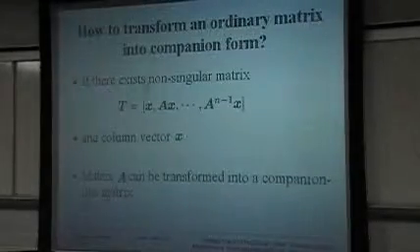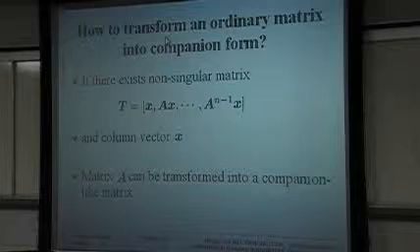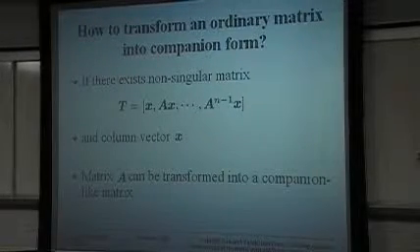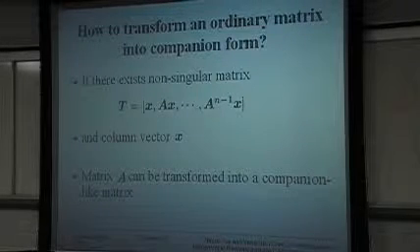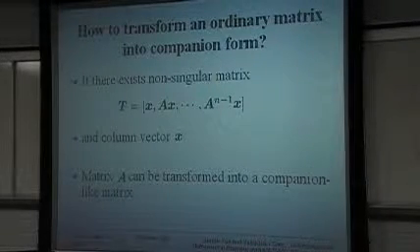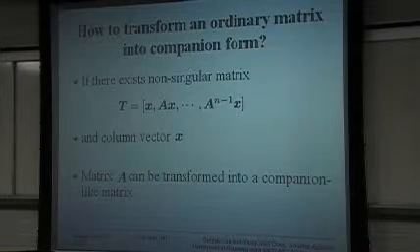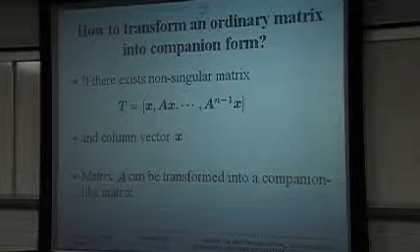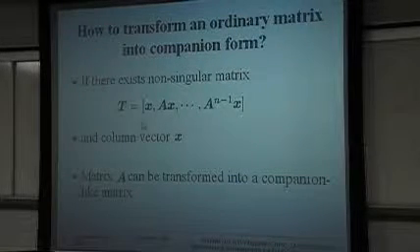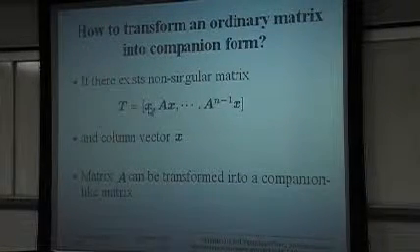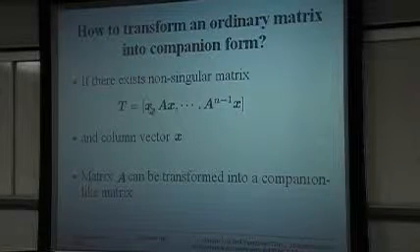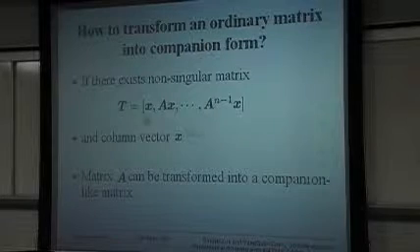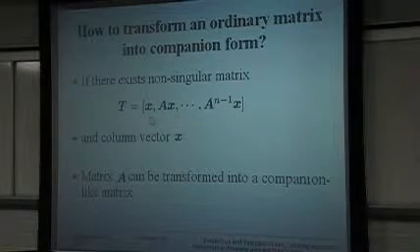And now I have another kind of transformation. How can we convert an ordinary matrix into a companion form matrix? So how can we find such a matrix? How can we select the transformation matrix? What we can do is something like this. First, we can construct a column vector X, and then we can form the matrix T in this way.